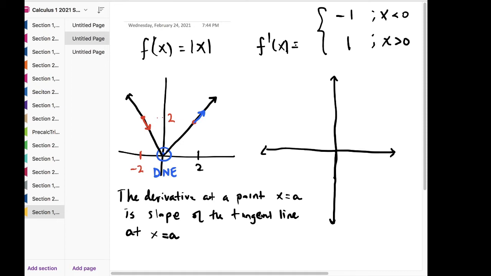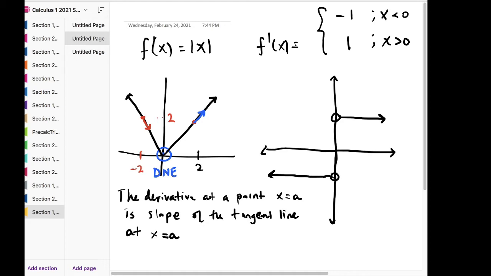Do I have a less than or equal or greater than or equal anywhere? I don't have that, because we just showed that the derivative does not exist at 0, right? So we don't include that in our domain. So how do you show that in the picture? They're open circles.